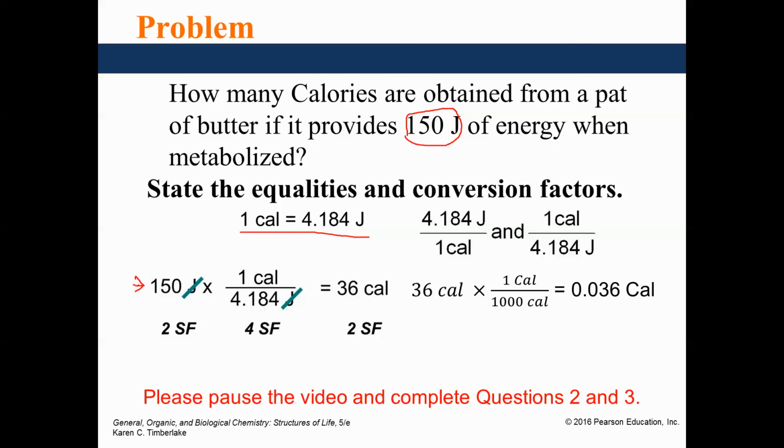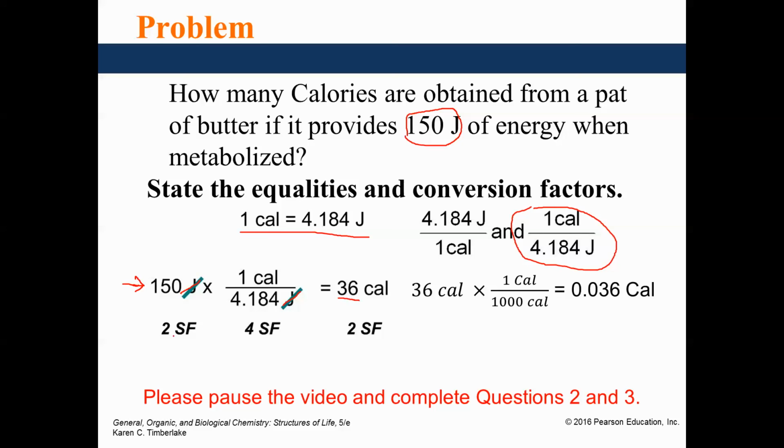We're going to have to convert from joules into calories. We're going to use the one that puts the joules on the bottom. So we want this one right here. And that allows us to cancel out these joules with these joules. And so that means that we have 36 calories of heat being released by the metabolism of butter.